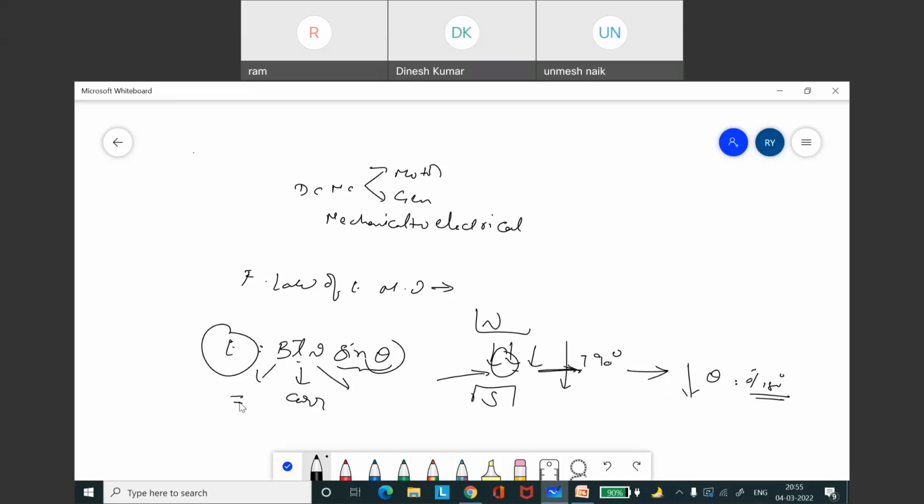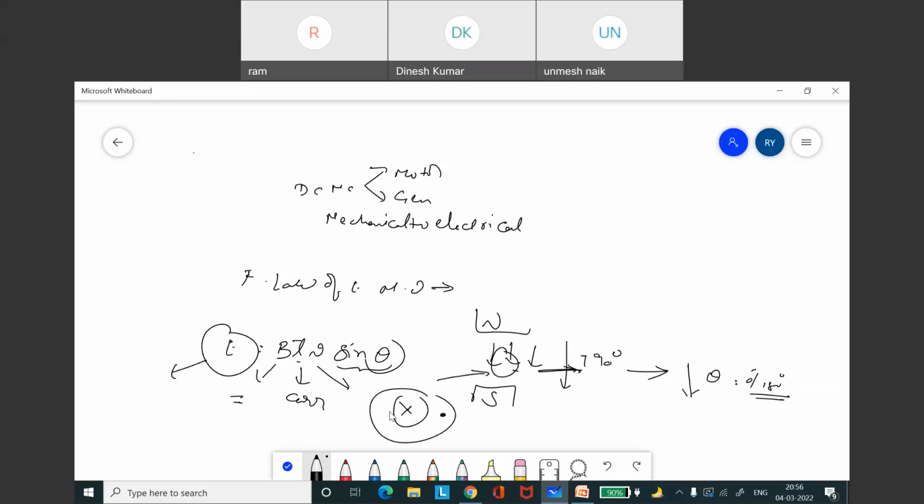So this expression gives us the magnitude of induced EMF and direction of the induced EMF. When you place a conductor inside the magnetic field, the current either flows into the conductor, cross, or it flows out of the conductor, dot.